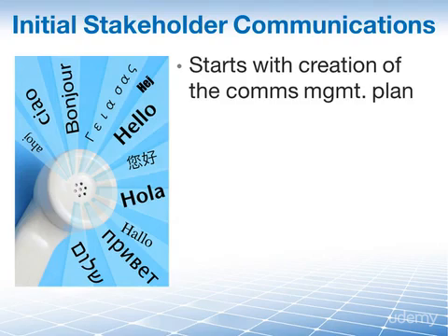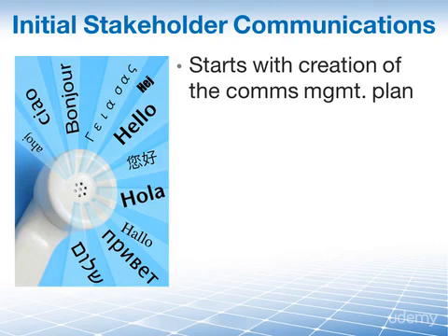The most effective way to manage stakeholders and stakeholder expectations at the beginning of a project is via well thought out communications through the communications management plan. This will ensure that the project manager gets the right information to the right people in a timely manner. So you want to be part of that.